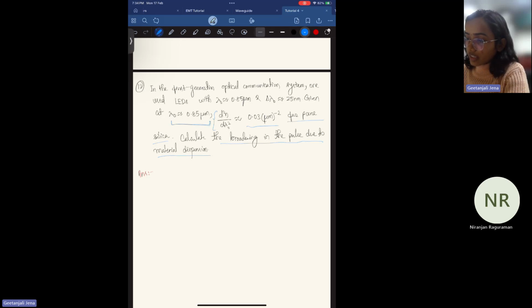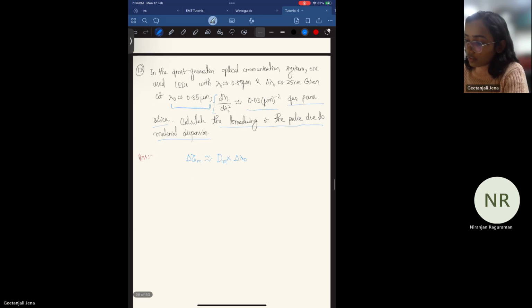So how can you calculate it? The broadening due to the material dispersion is nothing but the material dispersion coefficient multiplied by the source width, delta lambda 0, right? All the parameters are given.